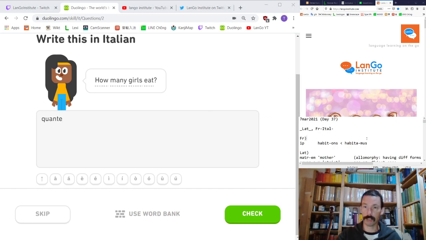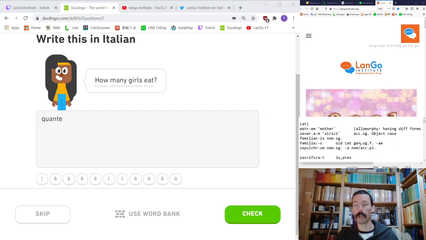So we mentioned the Latin, a different ending spelled the same. There's an I ending of Latin that is feminine, let's say nominative plural feminine. And that one became quite regularly and simply in Italian just quante.